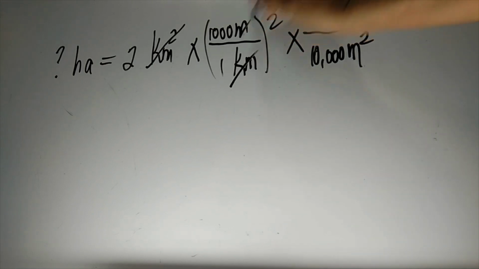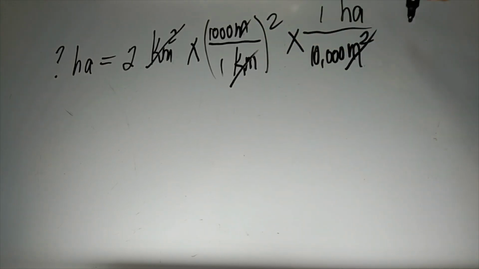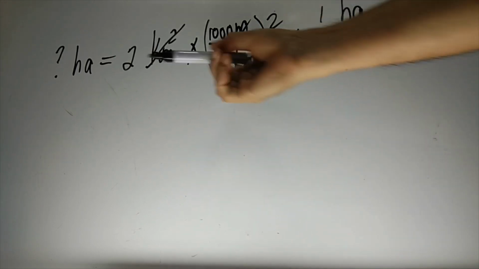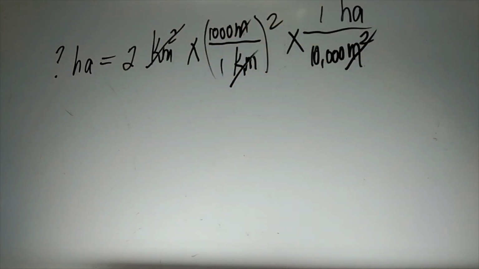So we'll cancel the meter. The remaining unit is hectare, which is the desired unit. So that means we are done. So write the equal symbol here. We will now perform the indicated operations.